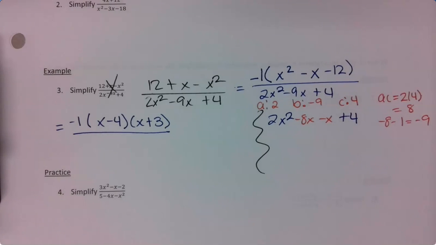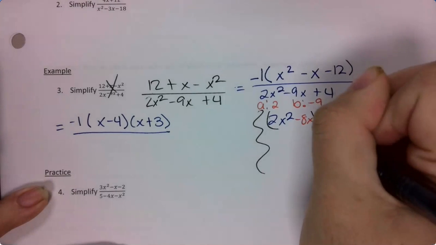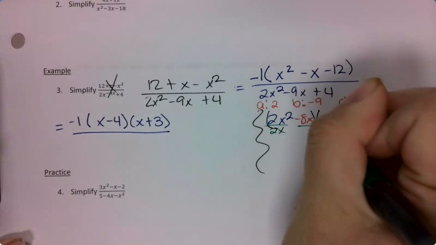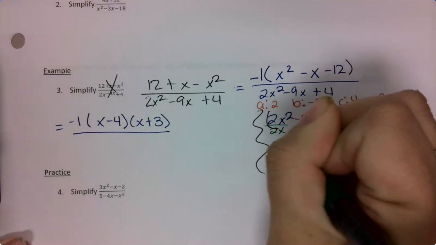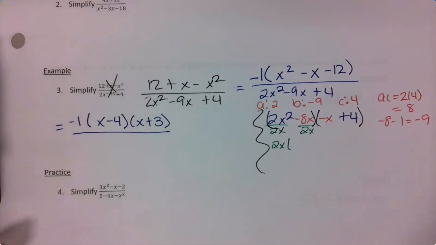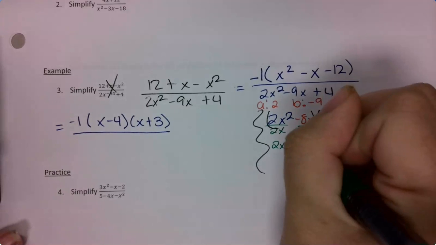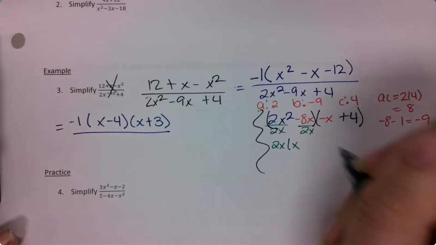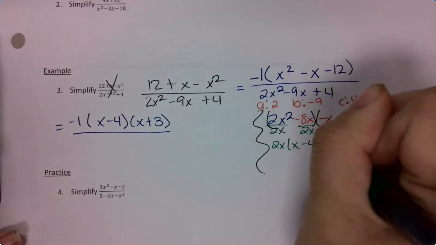Then I want to break this up into my two groups. So what can I factor out of my first group? 2x. And 2x squared divided by 2x is x, and negative 8x divided by 2x is negative 4.